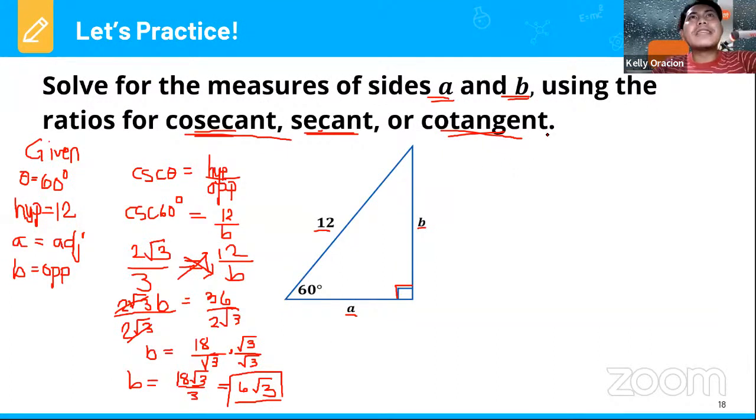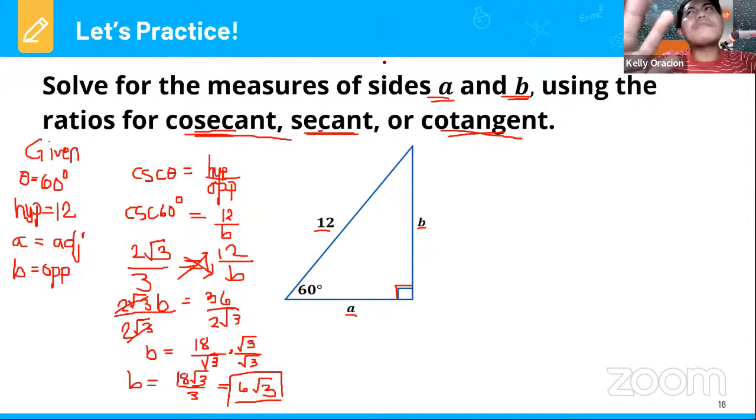How about second? Hello po sir, sa exam po, mag-mention ka ba? Hindi. Let me remind you about this one. Sa exam, I will not inform you kung ano yung ratio. Kayo yung mag-identify. Dito lang sa problem na ito, nagkataon lang na yan yung gagamitin ninyo.